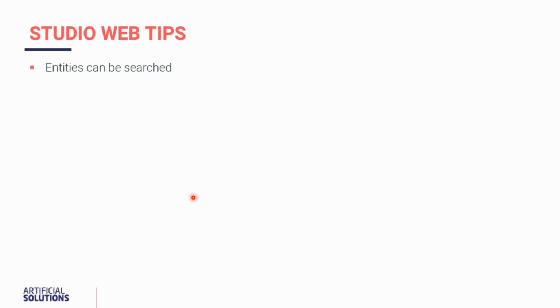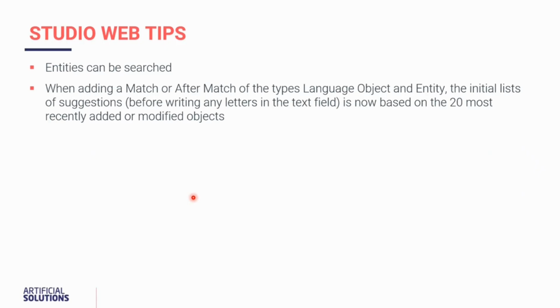One thing you may have noticed very quickly when I opened the entity, which is a new thing, is that you can actually search inside the entities now. So if you have a very long entity with a lot of elements, now you have the option at the top to search out that particular entry that you want to work on. So I think that's a nice feature here.